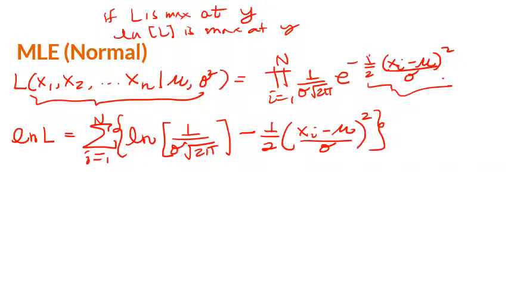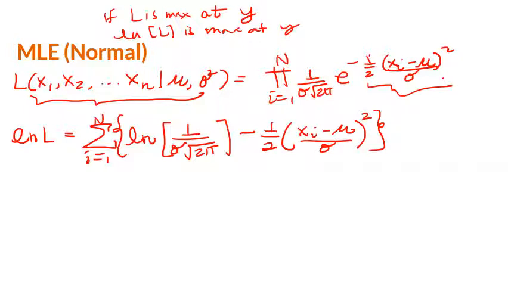So we can maximize this by taking the derivative of ln L. If we want to obtain an estimate for mu, we would want to maximize the likelihood function that best estimates mu.